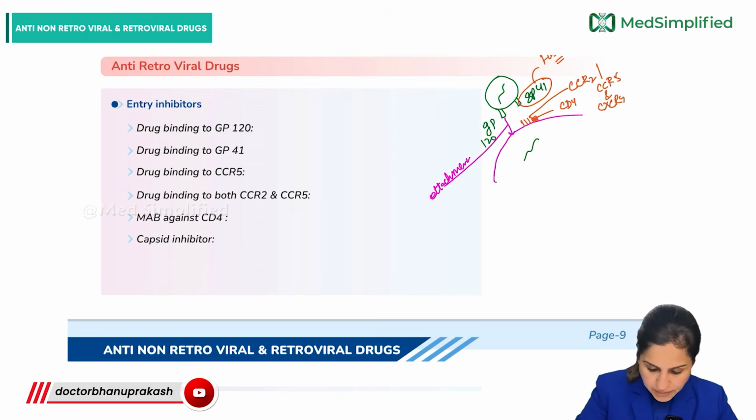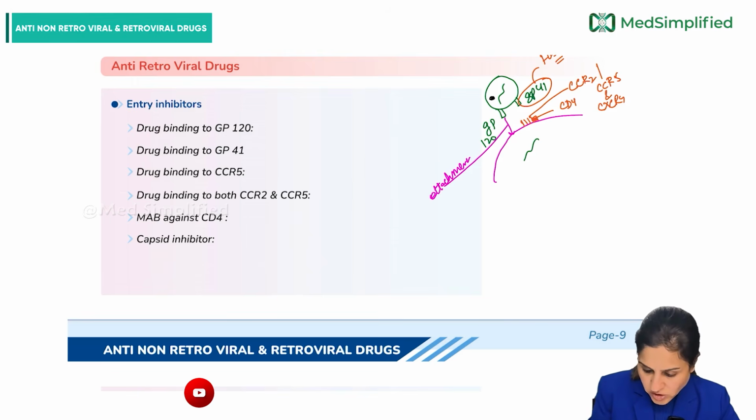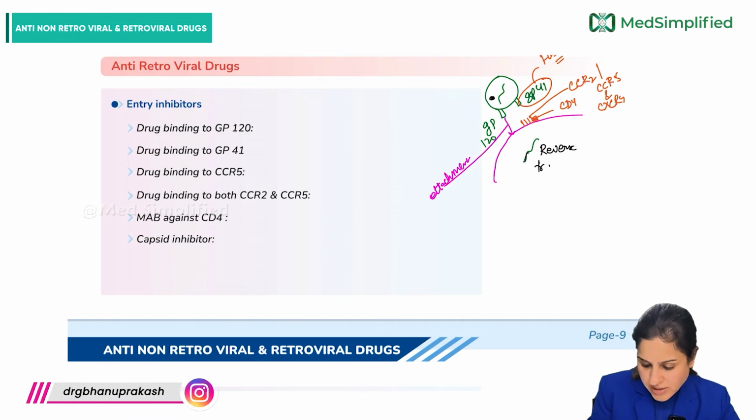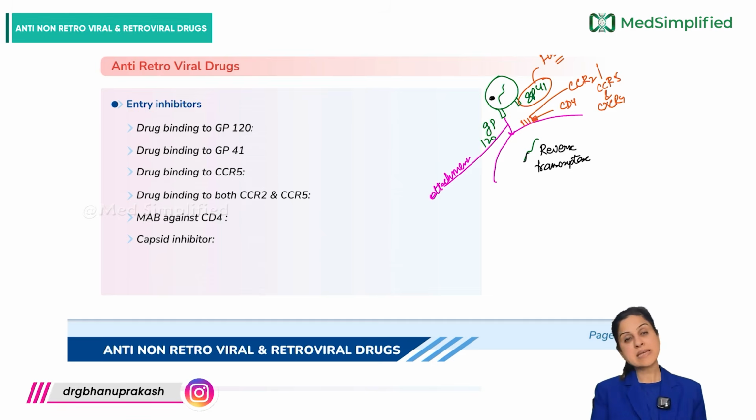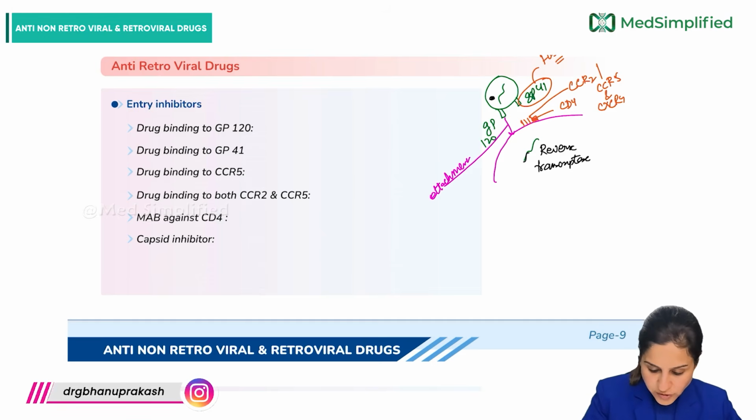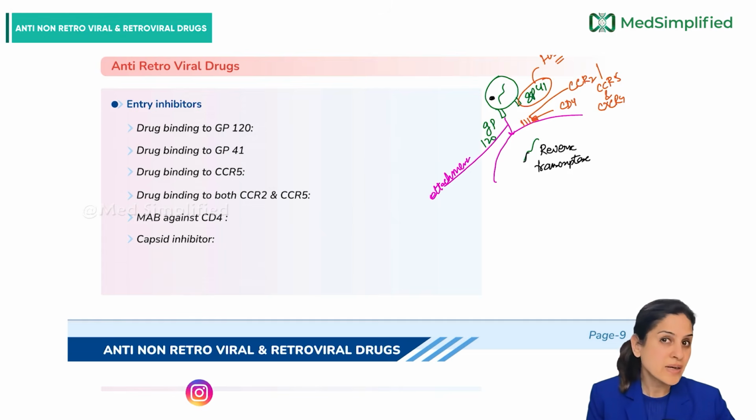There is an enzyme present actually along with the virus only. So this is the enzyme here, which is called reverse transcriptase enzyme. What is the role of reverse transcriptase enzyme and why the name?